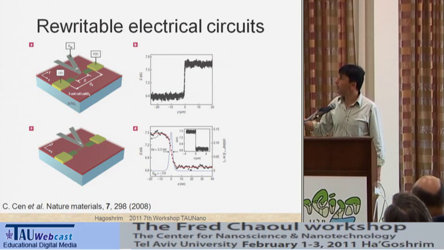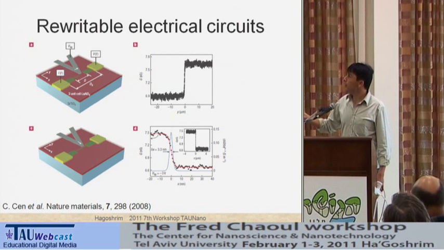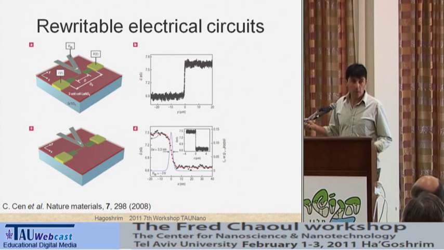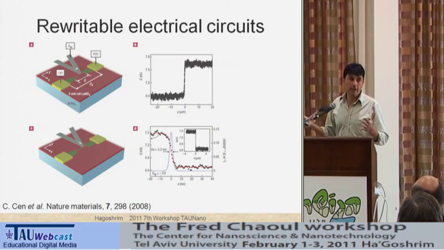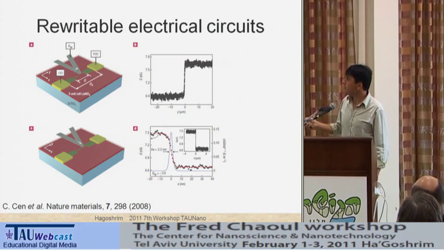So this line below the AFM becomes conducting, and you see that they measure the conductivity between this pad and this pad as a function of the AFM distance from that pad. They just approach with the AFM tip, and when they connect these two pads, conductivity appears. So in this way, you can actually write a transistor or something.